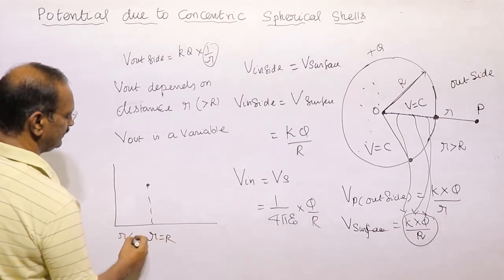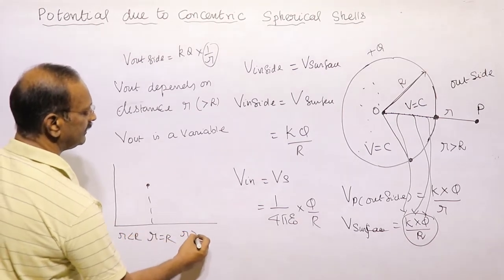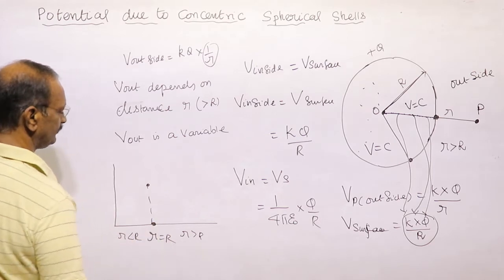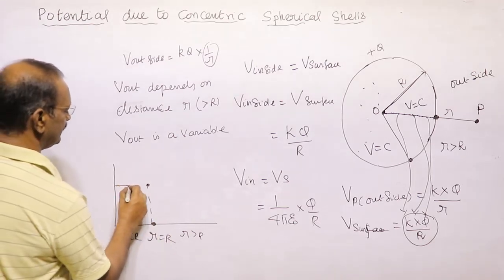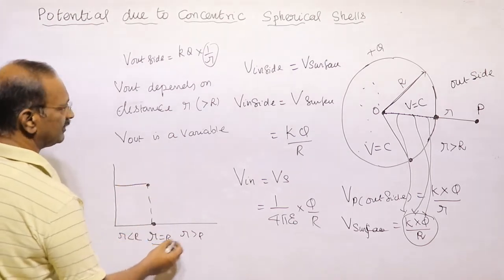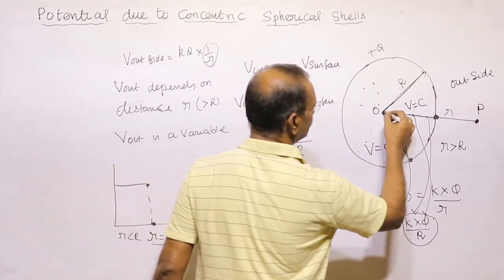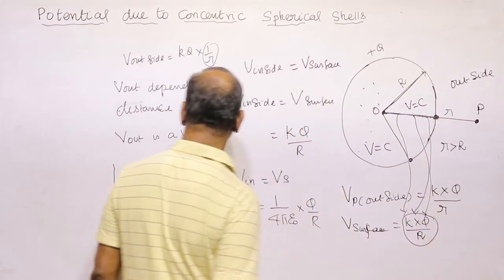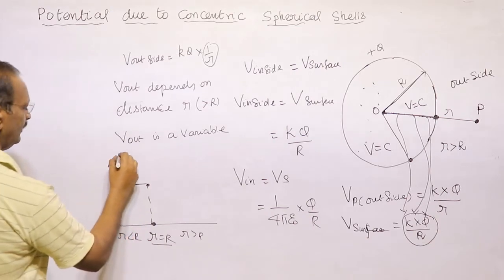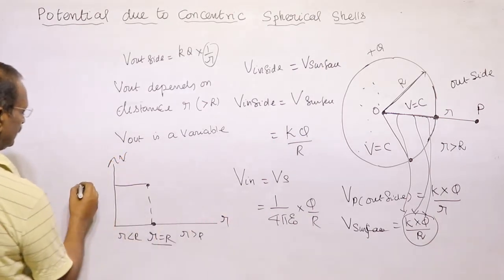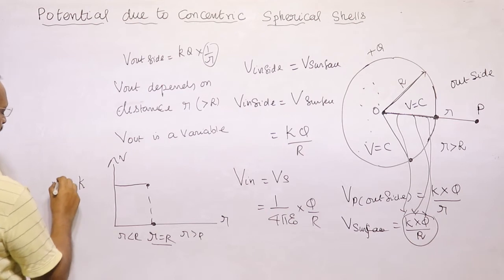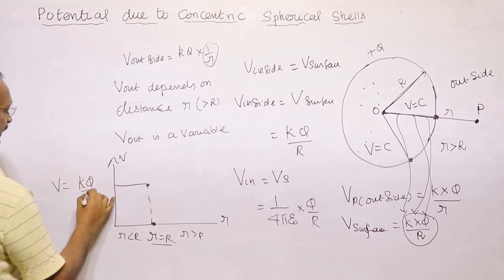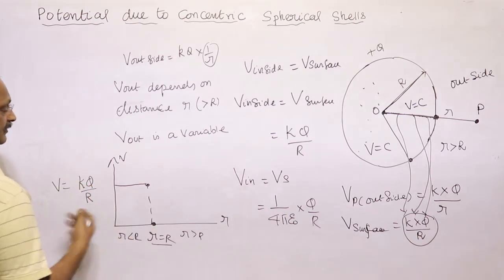This is r less than R, and r greater than R from this point. So up to this radius the potential is constant, whose value is equal to K into Q divided by the radius of the sphere.